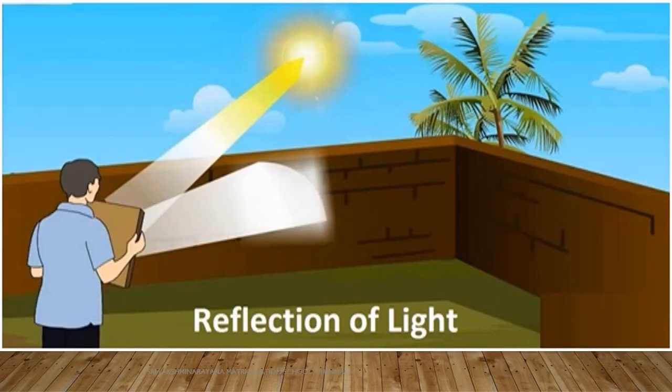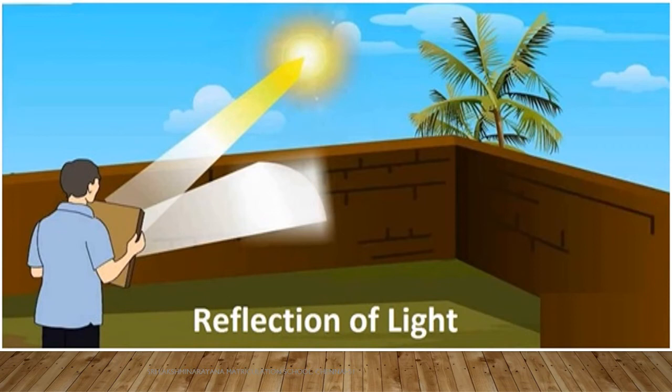Now let's see about reflection of light. What is reflection of light? Reflection of light is nothing but the bouncing back of light rays when they fall on a plane or smooth surface. For example, if you take a plane mirror and place it before the sun, the light rays are reflected back.